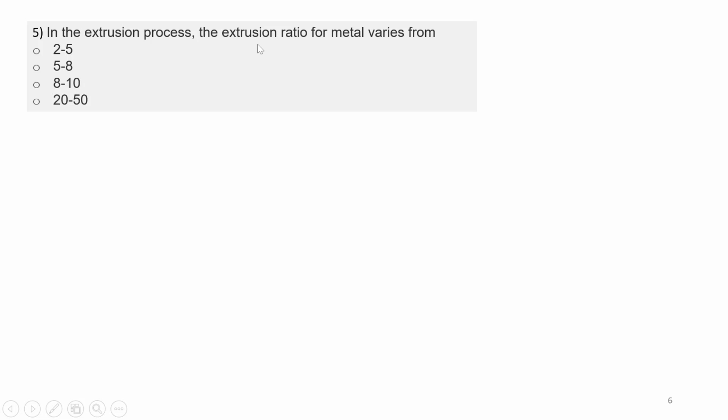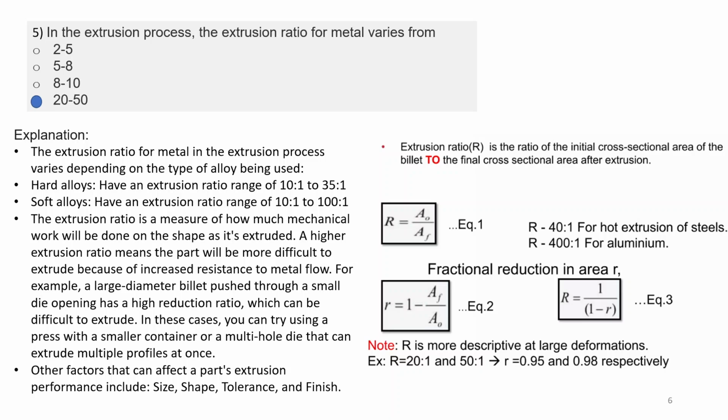It will be different for your metals as well. If it is hard metal or soft metal, that will also depend, but it will be covered in this particular range. So the answer will be 20 to 50.